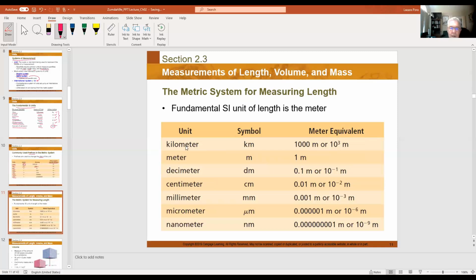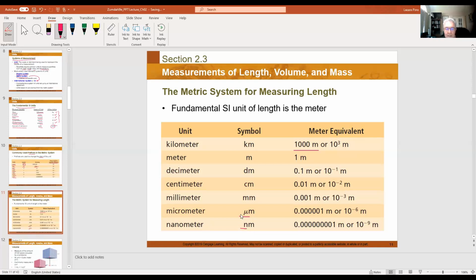For example, a kilometer is 1,000 meters or 10 to the third meters. A decimeter is 0.1 meter or 10 to the minus 1 meter. And so on, you have for every unit. This is the symbol for micrometer, and this is the symbol for nanometer.